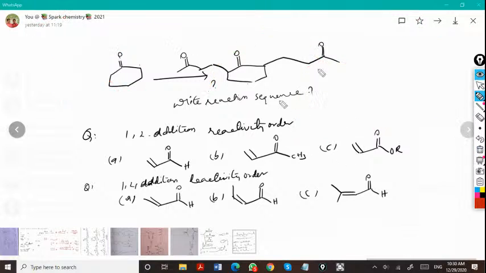So next question. In 1,2 addition, the reactivity order. So you need to give the answer. Which could be the highest reactive in nucleophilic addition reactions? Why?